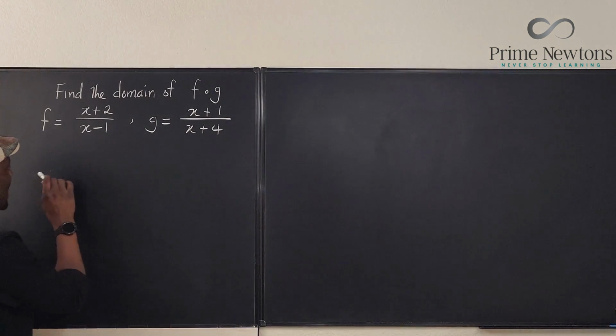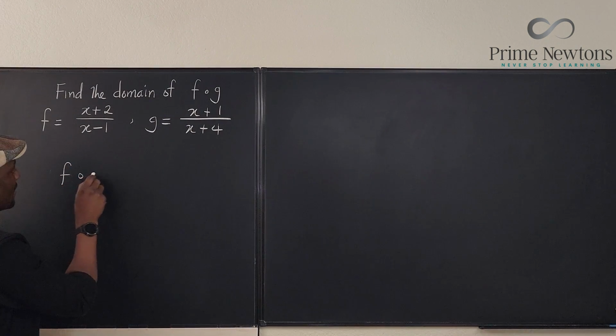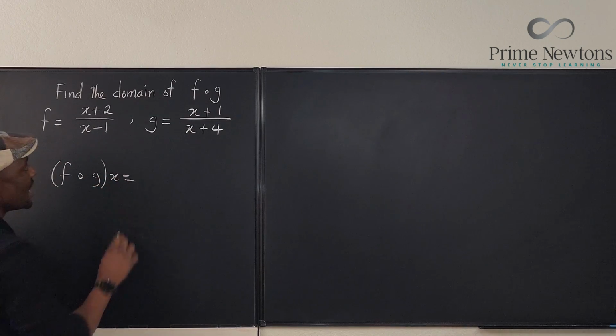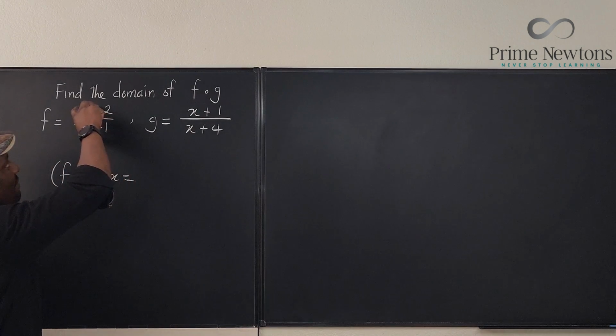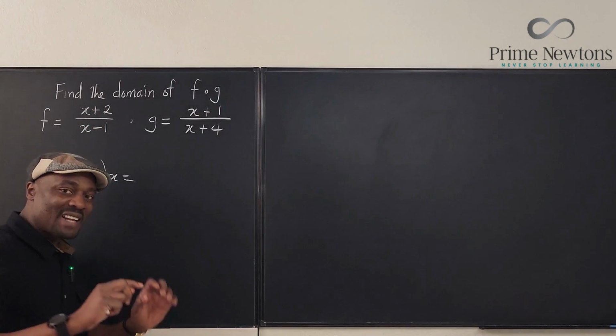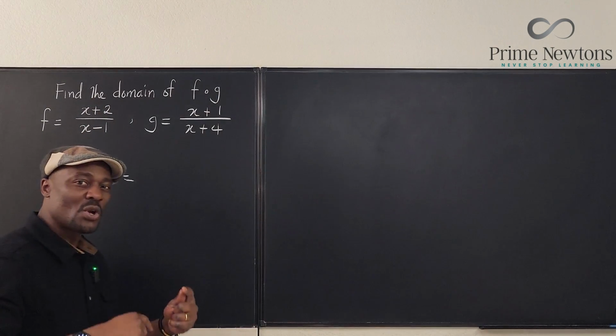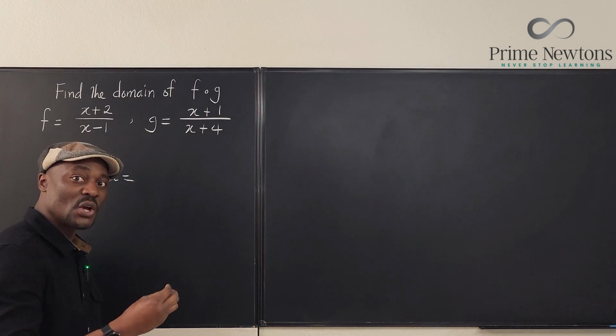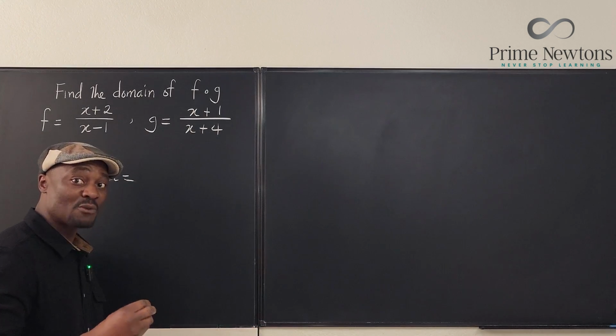If we compose f of g of x, whatever you were having here will no longer be x. So that excluding 1 that we talked about initially will just disappear, because the input is no longer x. The input is now g of x.